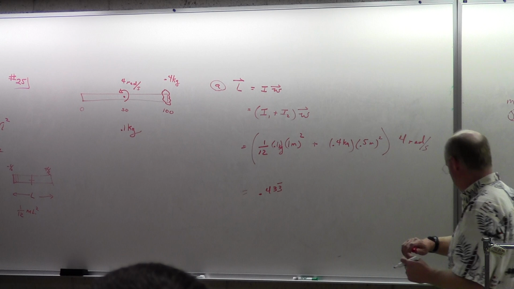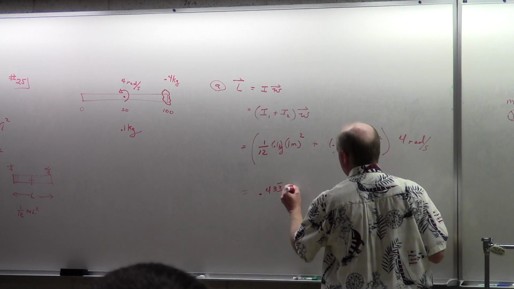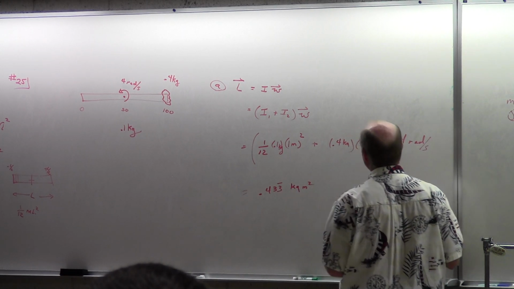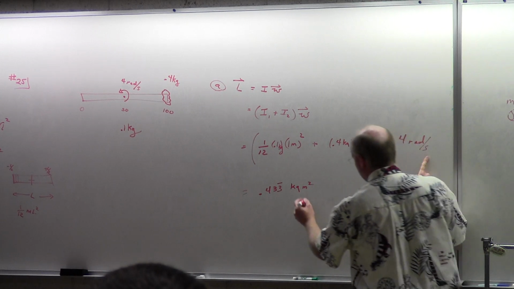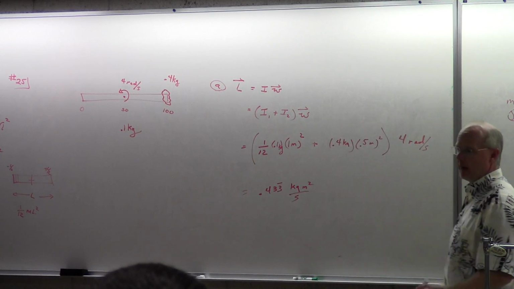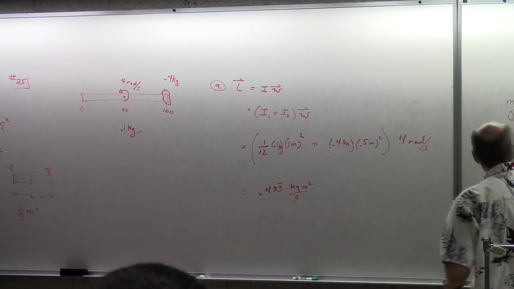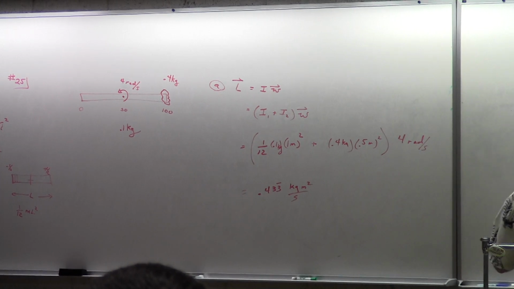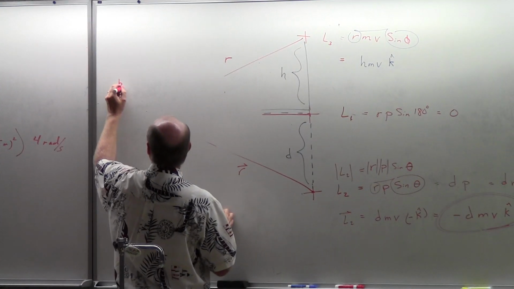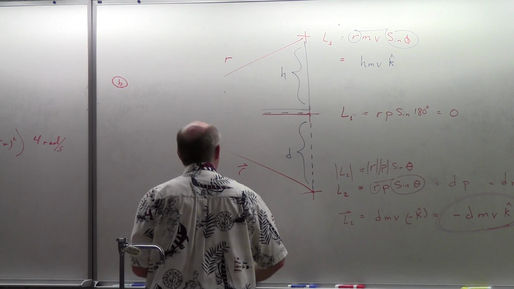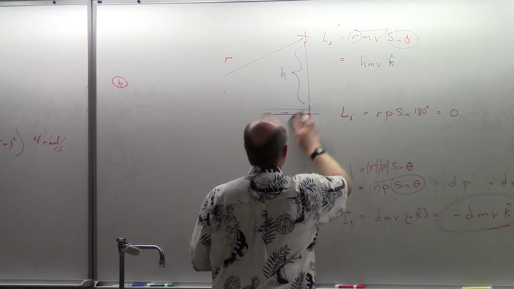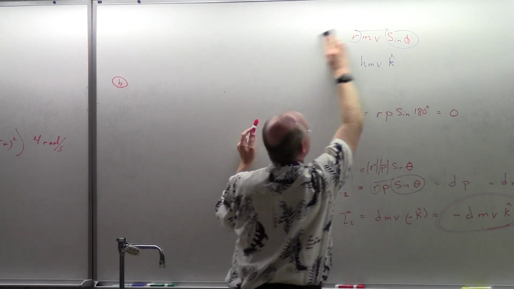What are the units? Kilogram meters squared per second. Good. And then I'll just drop the radians. Okay? And so there is angular momentum as part A describes, because it's rotating around the 50 centimeter mark.